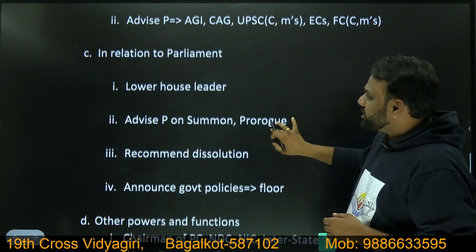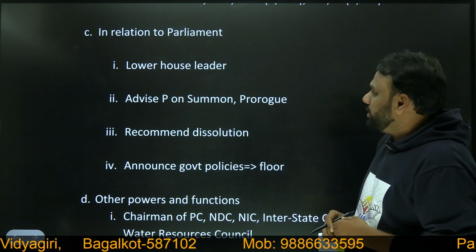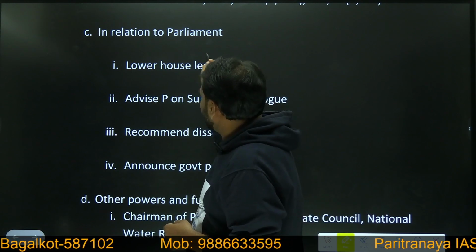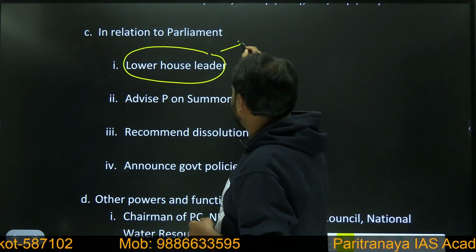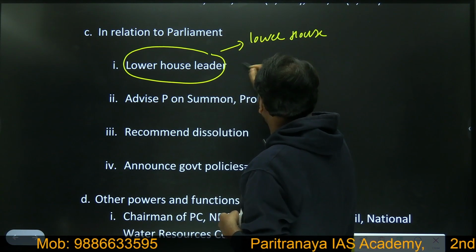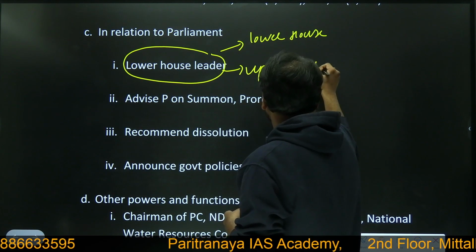Next, in relation to Parliament. Very important, Prime Minister is the leader of lower house. So we need to understand, one is lower house, another one is upper house. We have two houses.